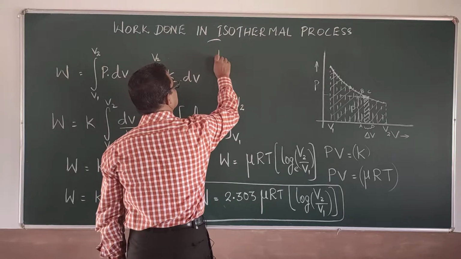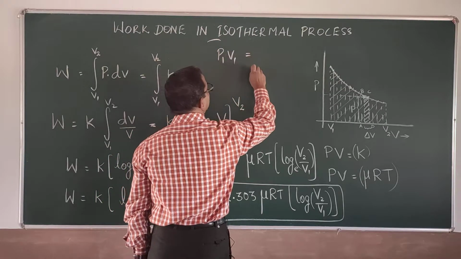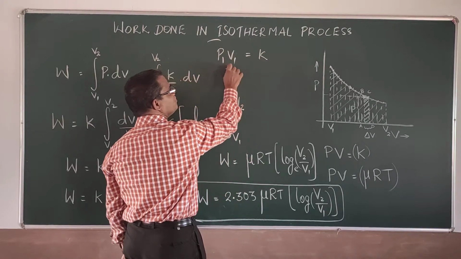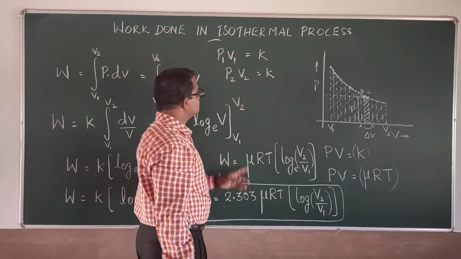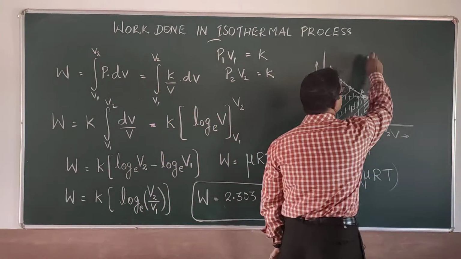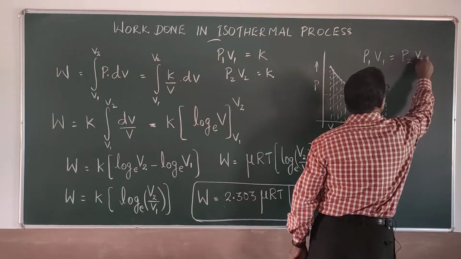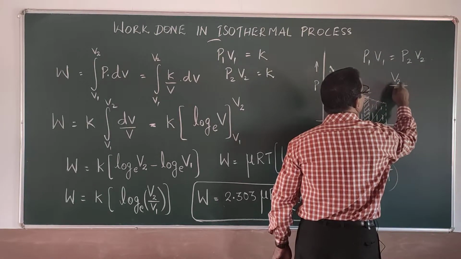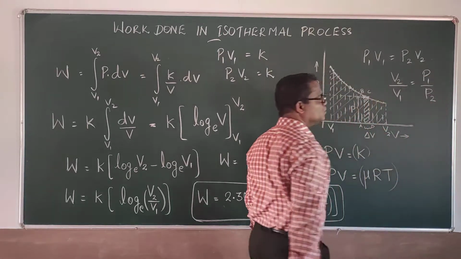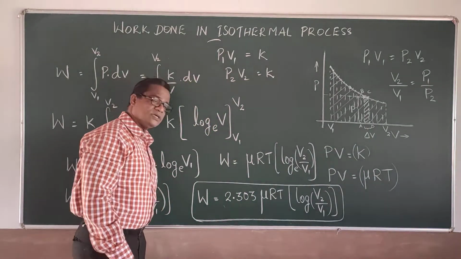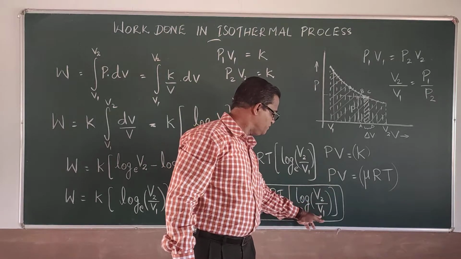we have two conditions, the initial case P1 V1 and the final condition P2 V2. As per this, we get P1 V1 equal to P2 V2, so that V2 by V1 will be equal to P1 by P2. Here, as we have the expansion condition, we have stated V2 by V1.